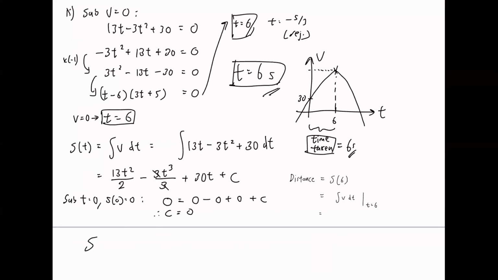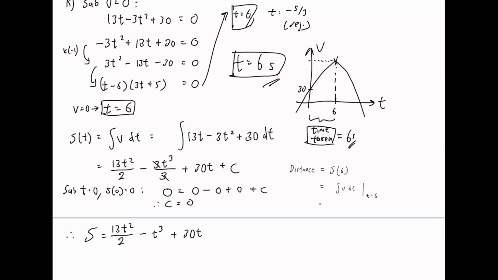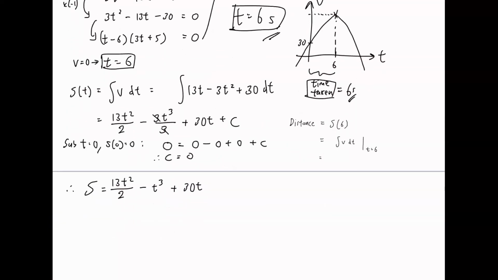Okay, and therefore s is equal to 13t square over 2 plus t cube plus 30t, and then plus 0. Okay, good. Done, c equals 0. So if s equals this, then finally distance, because at t equals 6, the displacement and distance happen to be exactly the same.